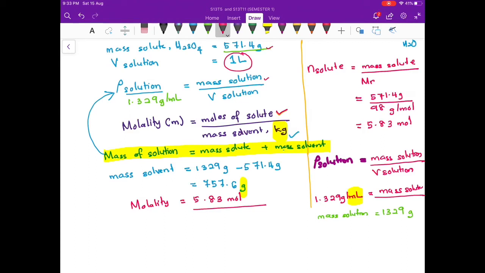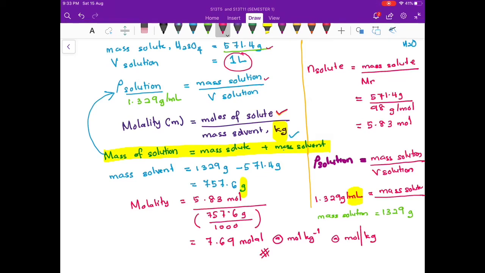So what we have to do is convert gram to kilogram. 757.6 gram over 1000, and you will get 7.69. The unit is molal, or you can use the unit mole per kg. You can choose any one of them.